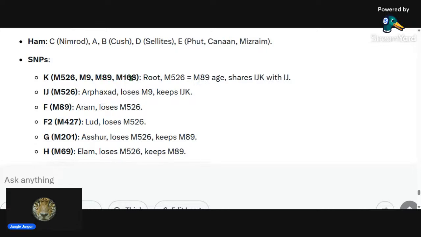M89 is Aram. M168 is Nimrod. So the K has the 168 of Nimrod, the M89 of Aram and Lud, and the M9 of his own, and the M526 is the IJK marker. The root 526.